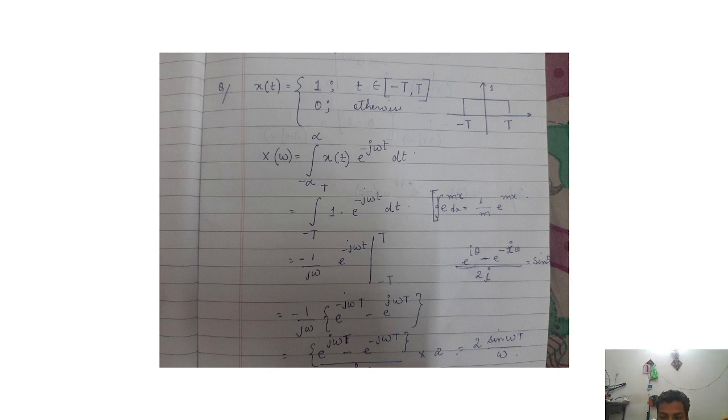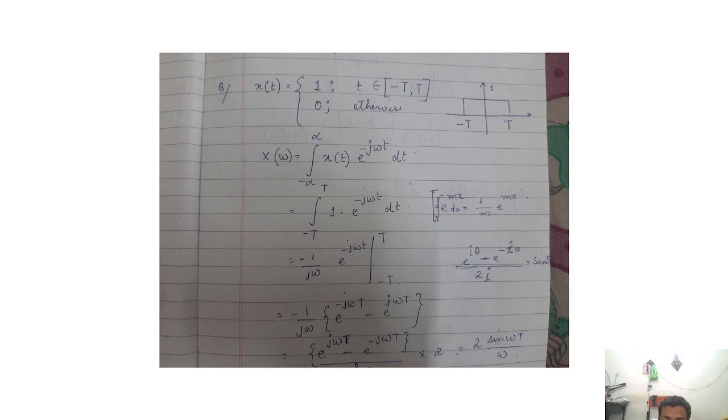So what we have with us is e to the power of j omega T minus e to the power of minus j omega T divided by j omega. But for writing in terms of sine, we have to have a denominator of 2. So we multiply numerator and denominator by 2.